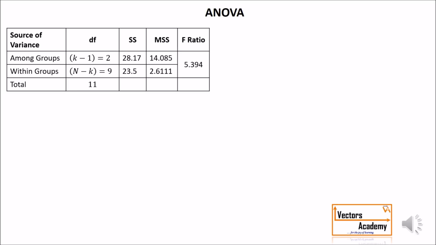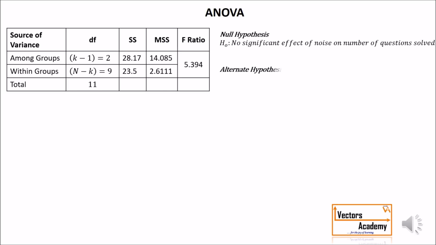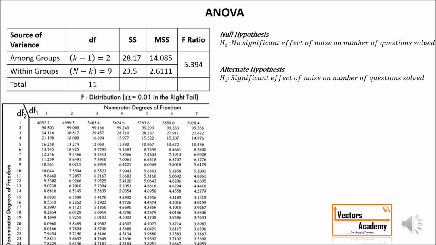Okay. So, in the same way, there's another table for alpha equal to 0.01. So, for that, we need to get the values again. The degrees of freedom is 2 and 9. So, we get the value as 8.02. Okay.